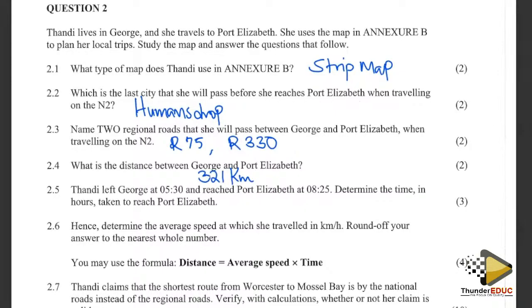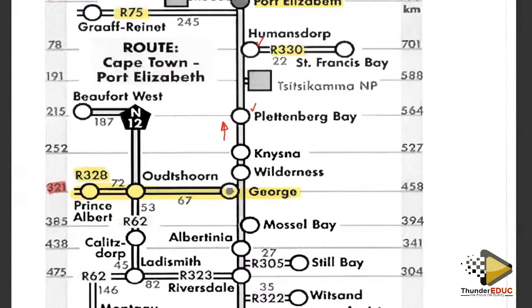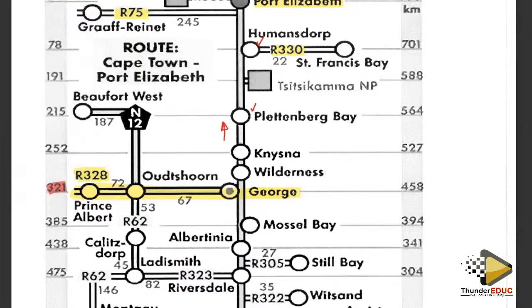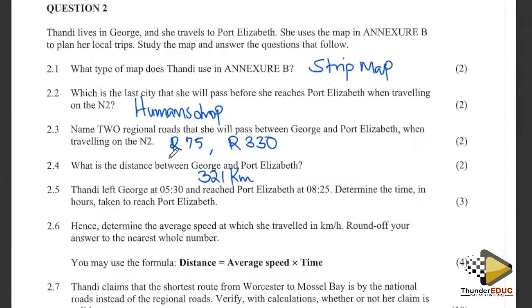For someone who doesn't know how we get it, if you use the numbers here, we have 458 and 779. What's the distance between these two? So we shall say 779 minus 458. Indeed, you will get the answer as 321 kilometers. Okay, we go on.